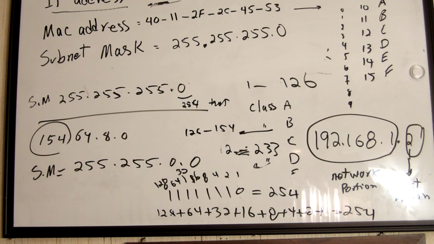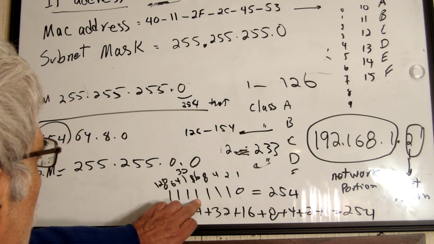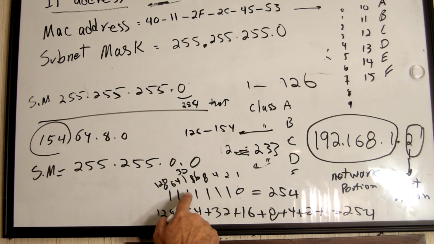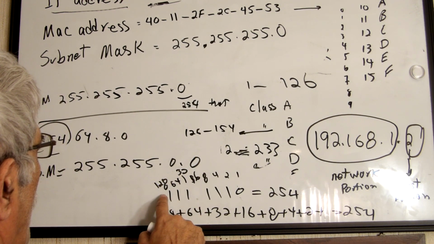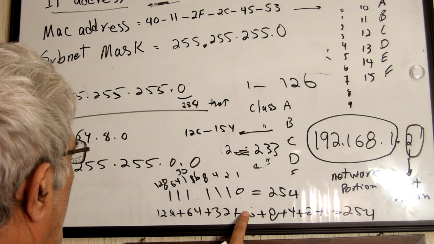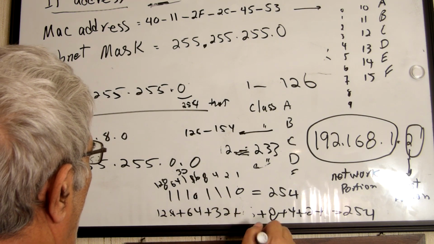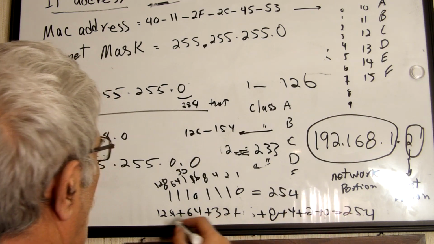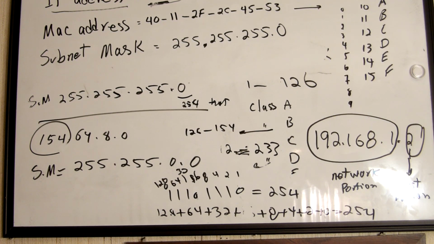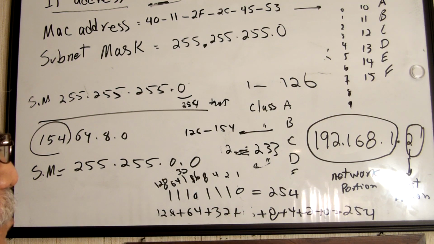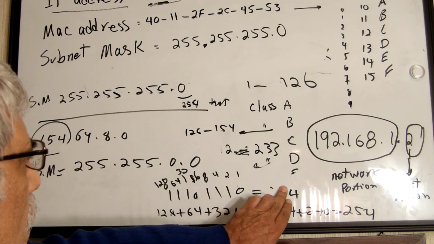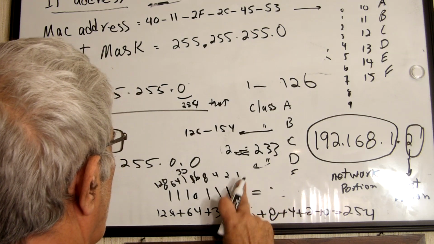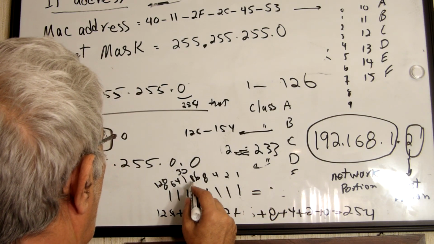And if one in the middle was 0, you have to account for that. If you have something like 128, 64, 32, and then we didn't have 16, 0, and then 8, 4, 2, and then 0, you add these up.